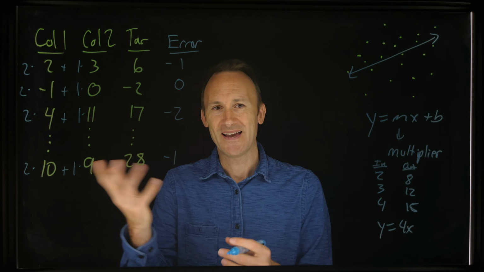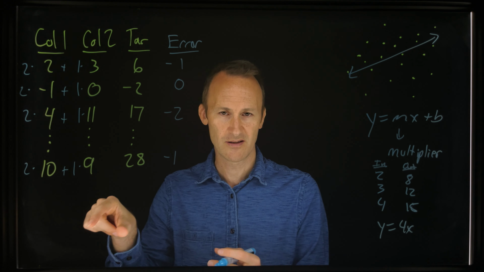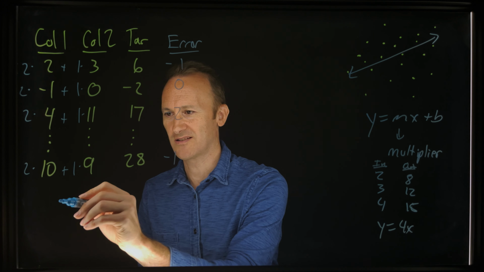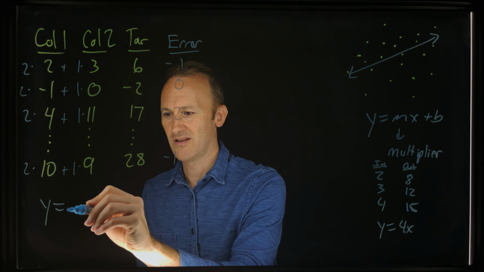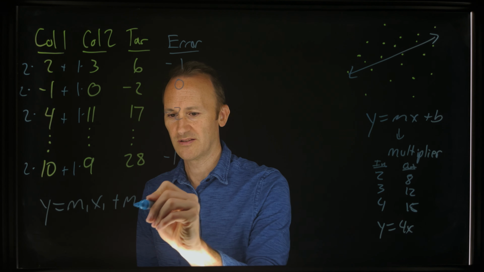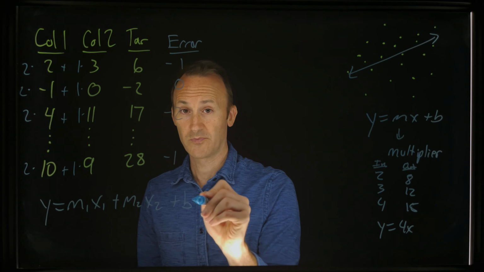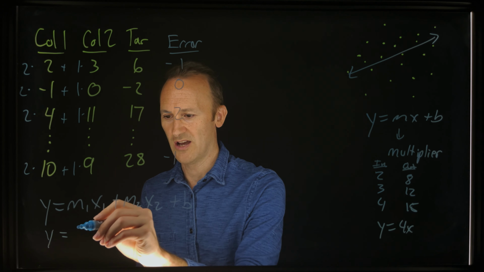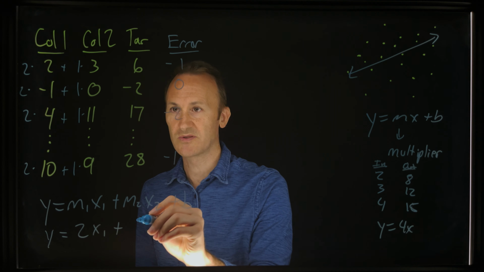And so it's less important how to write it. It's more important to understand it, okay? So in effect, if you want to write it out in one way, you could have m1 times x1 plus m2 times x2 plus another b, right? And that's what we have here. So in this particular case, we have 2 times the first column plus 1 times the second column.